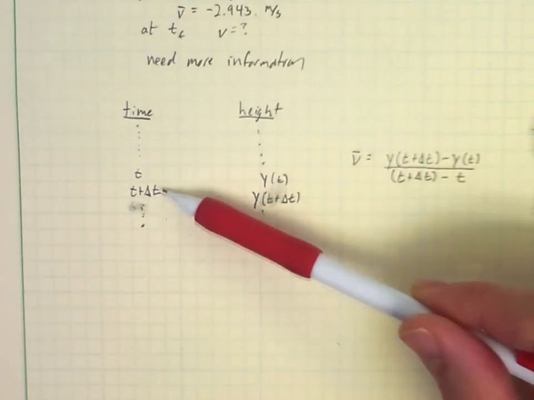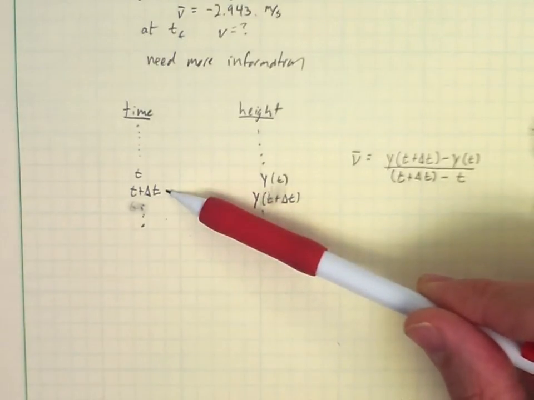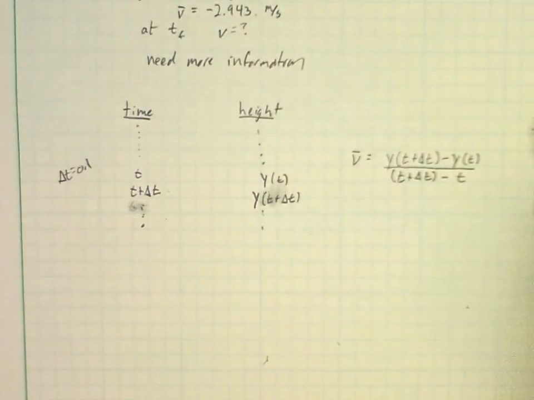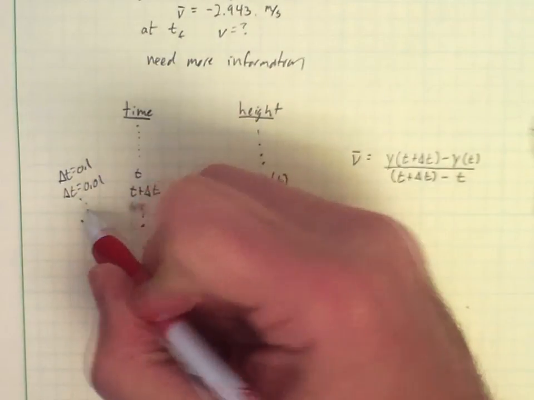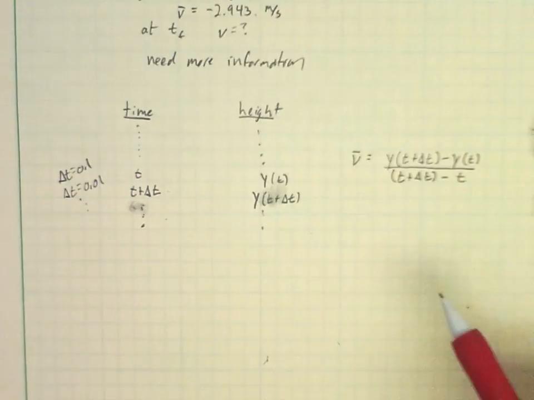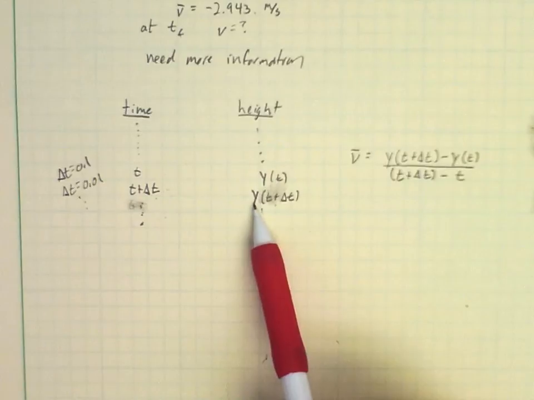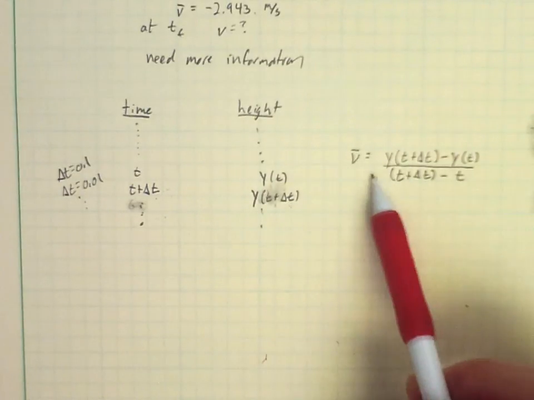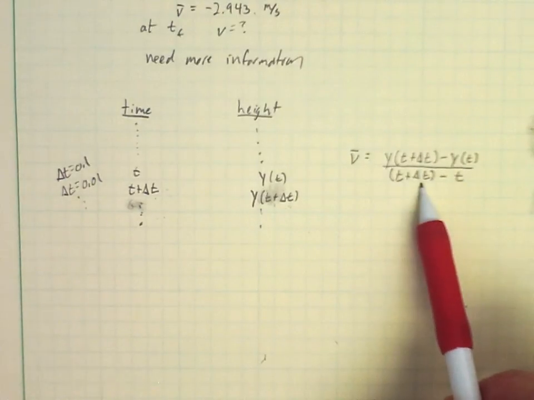Then we took the next part, which was that time plus whatever our step was. We started out with delta t equal to 0.1, so we only had a few points. Then we made delta t equal to 0.01, and then we kept going. We could keep making that smaller and smaller. But whatever that delta t was, the new height was just y of the new time, t plus delta t. And so our velocity was the new height minus the old height over the new time minus the old time.